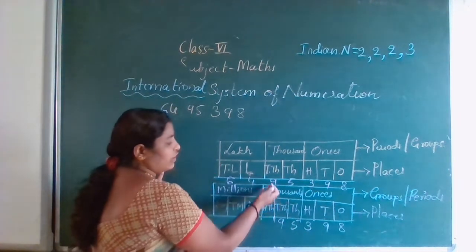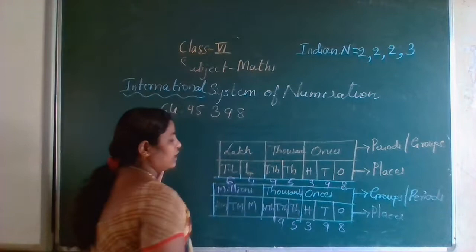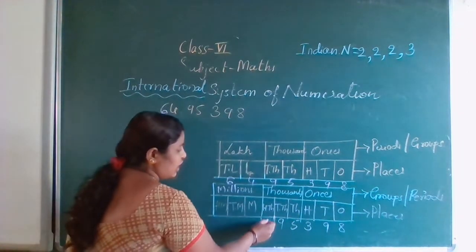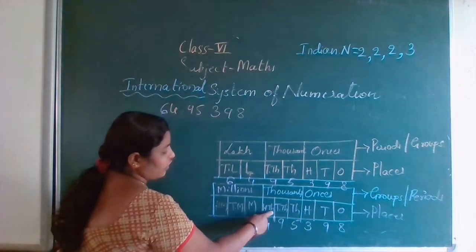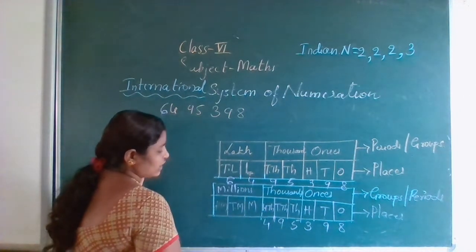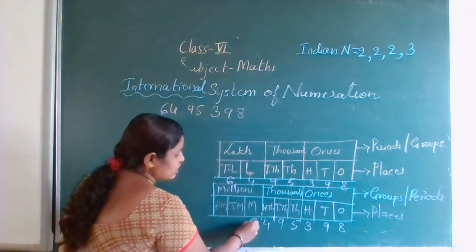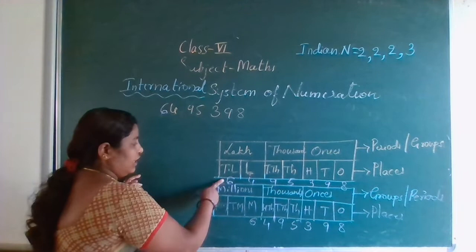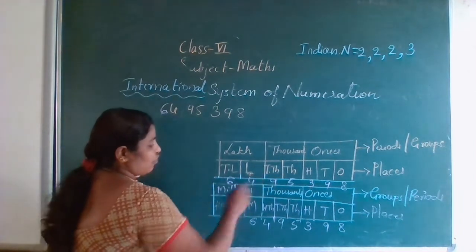Here also we will read 95,398. After 5 digits it will change. Here it will become 400,000, but here this will become 4 lakhs. Then 6 million. Next, in the Indian system this is 64 lakh.